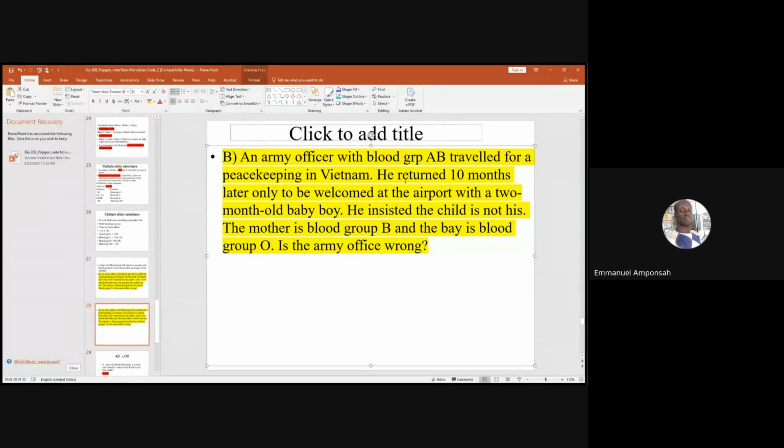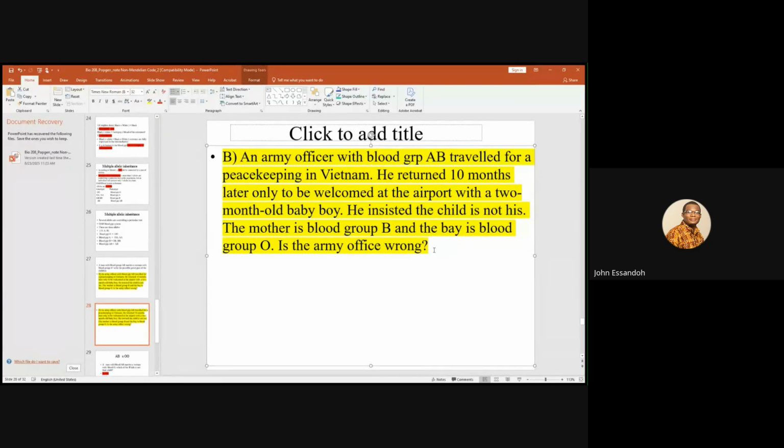So based on that, that man has no case on that point, because somebody can conceive for a month and he will not even notice that she has conceived. And so using the months away, 2 months, it means that at the time the man was leaving, the woman had conceived 1 month before he left for the peacekeeping, and for that matter he wasn't aware that she had conceived. Okay, so she was met at the airport with this one, so it's a big case.